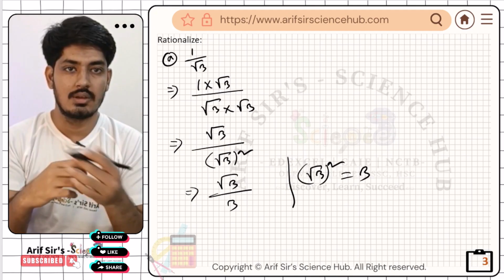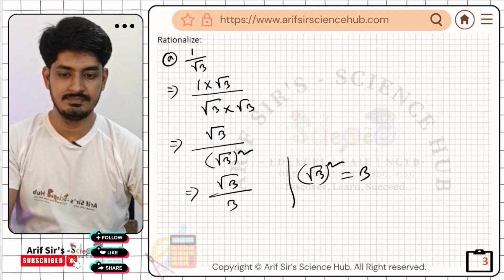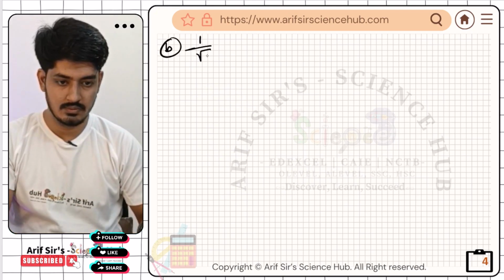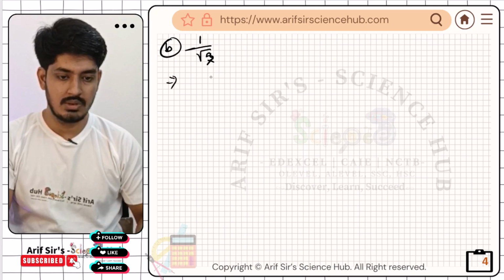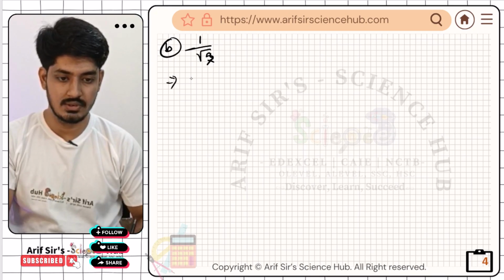Okay, we'll do another exercise. So let's see, 1 by root 7. We have to multiply the denominator and numerator by root 7.